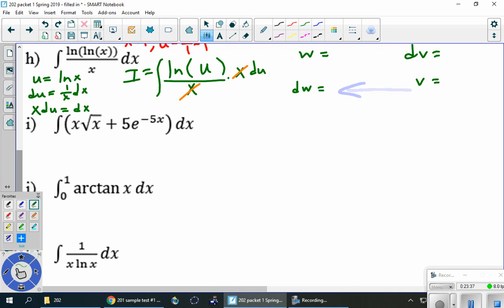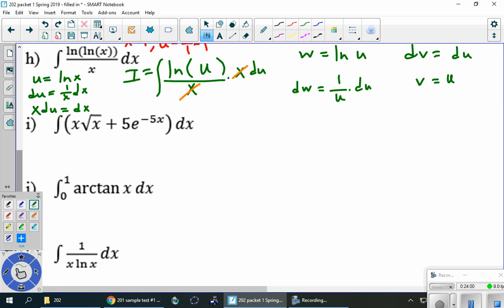So what are we going to let w equal? Well, we got to let it equal the ln of u. It's the only thing there. And then dv is just du. Coming down here, dw, the derivative of ln of u, is 1 over u du. And then the integral of du is just u.